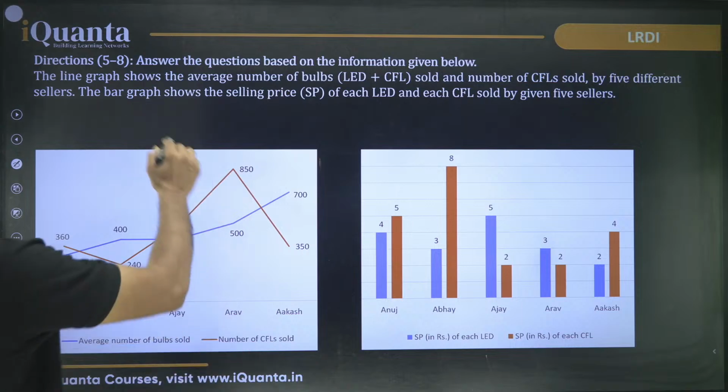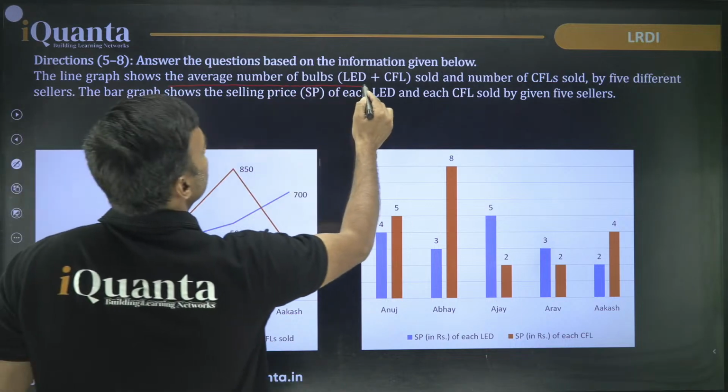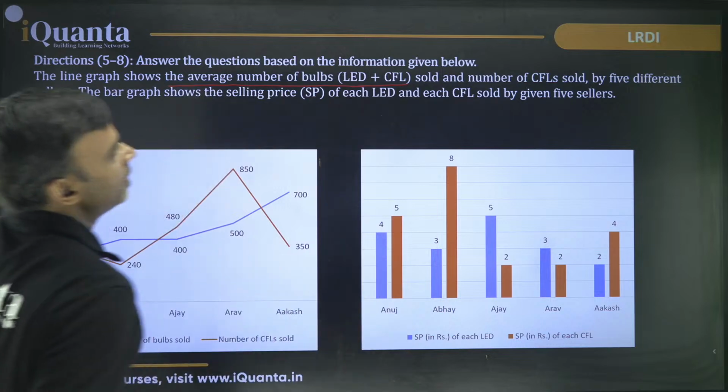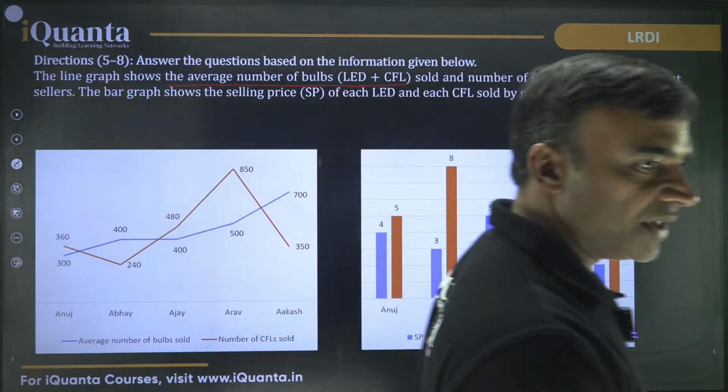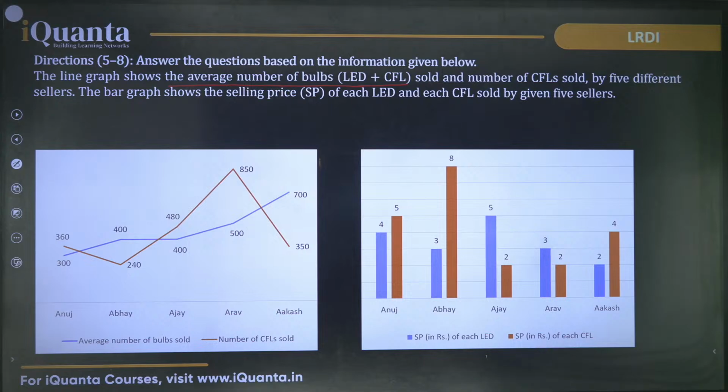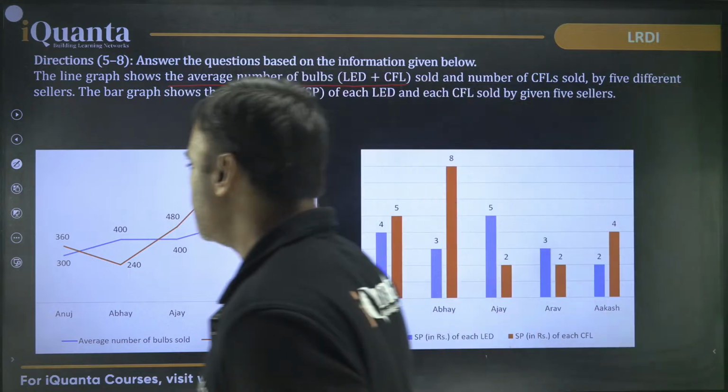It says average number of bulbs, that is LED and CFL, sold and number of CFL sold. Okay. So one value is average and one value is one of them. This is a much easier set.